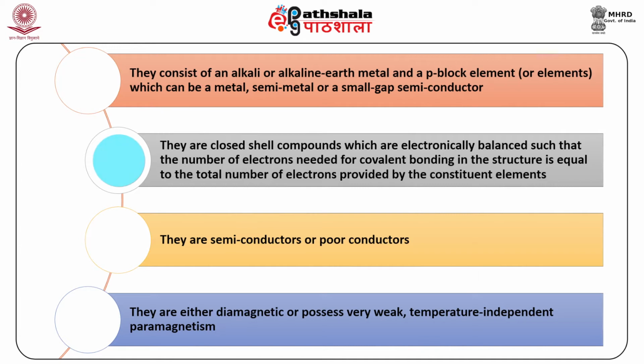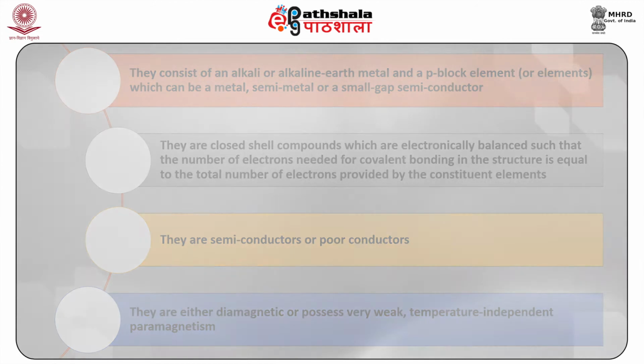Number two, they are closed shell compounds which are electronically balanced, such that the number of electrons needed for covalent bonding in the structure is equal to the total number of electrons provided by the constituent elements. Number three, they are semiconductors or poor conductors. Number four, they are either diamagnetic or possess very weak temperature independent paramagnetism.